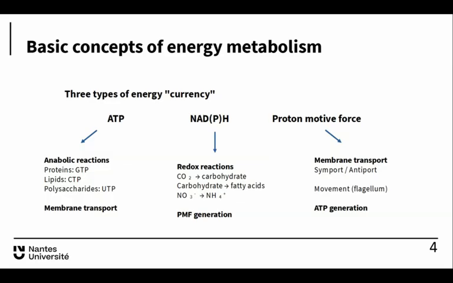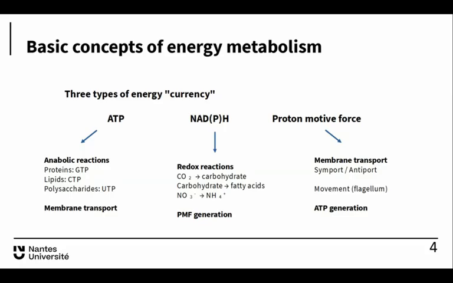And interestingly, it's not just ATP, but the other nucleotide triphosphates are also used as cofactors for important biochemical reactions. So protein synthesis on the ribosome doesn't use ATP, it uses GTP.